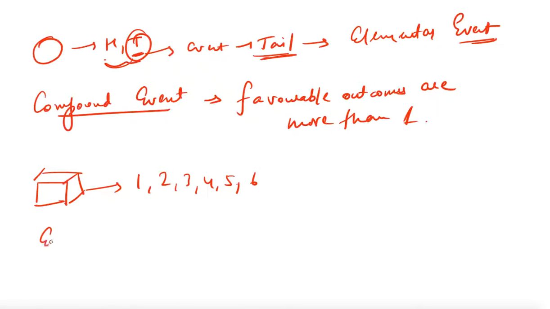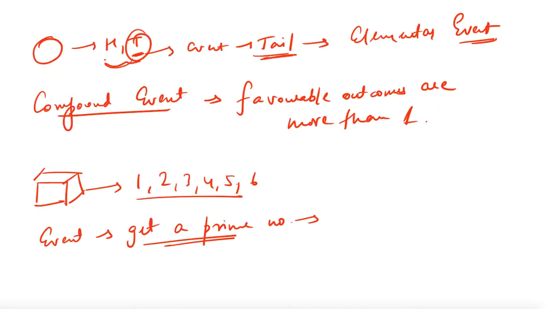But my event is to get a prime number. The outcomes that will satisfy my event are either 2, 3, or 5. If I get 2, 3, or 5, my event is satisfied.